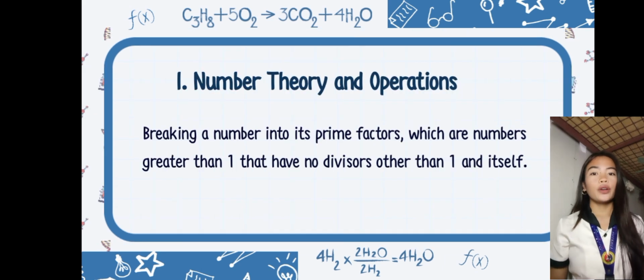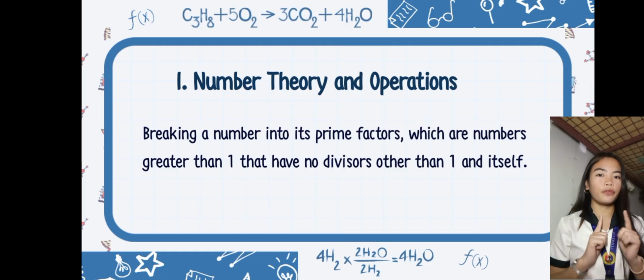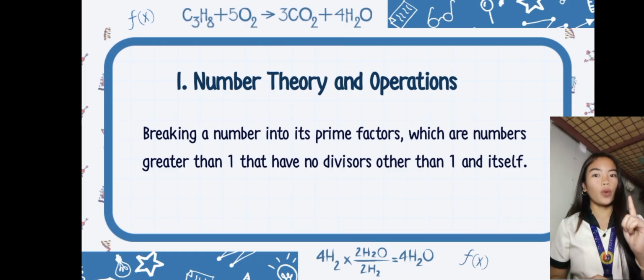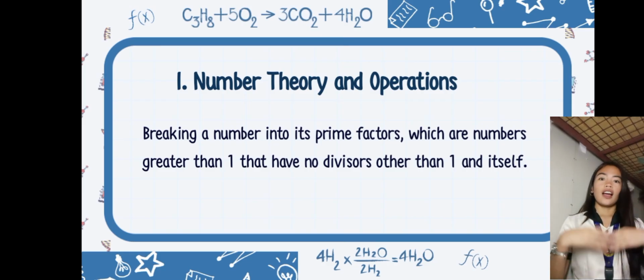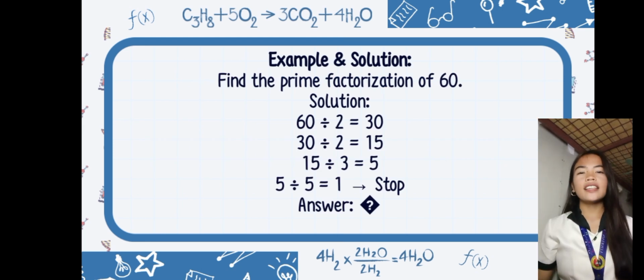Let us start with number theory and operations, particularly prime factorization. Prime factorization is the process of breaking a number into its prime factors, which are numbers greater than 1 that have no divisors other than 1 and itself. For example, let us find the prime factorization of 60.